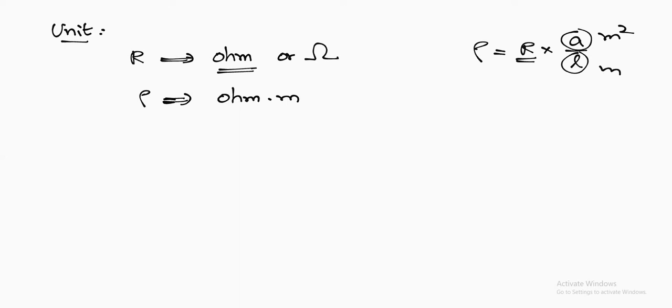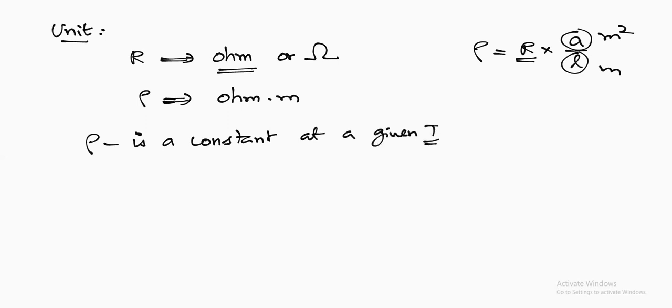Resistivity is a constant for a given substance at a given temperature. Note down, rho is a constant, but it is not a universal constant. It is a constant for a given material at a given temperature.